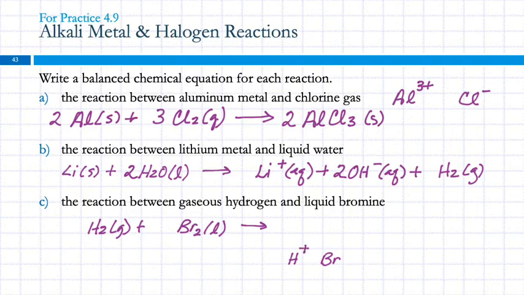Hydrogen forms a +1 ion. Bromine forms a -1 ion. And so this is going to be HBr. That's going to be a gas. I wouldn't expect you to know that. If this is dissolved in water, it forms these ions and is called hydrobromic acid.